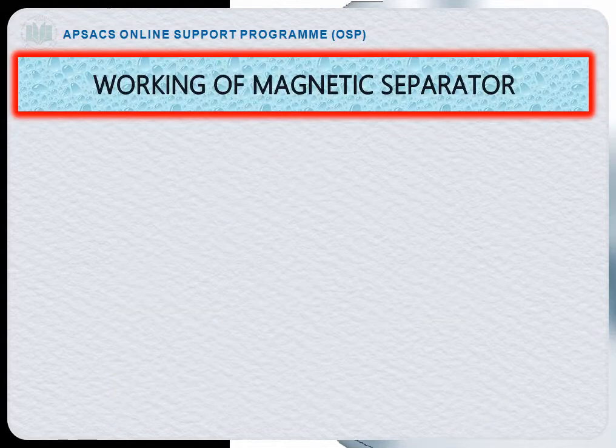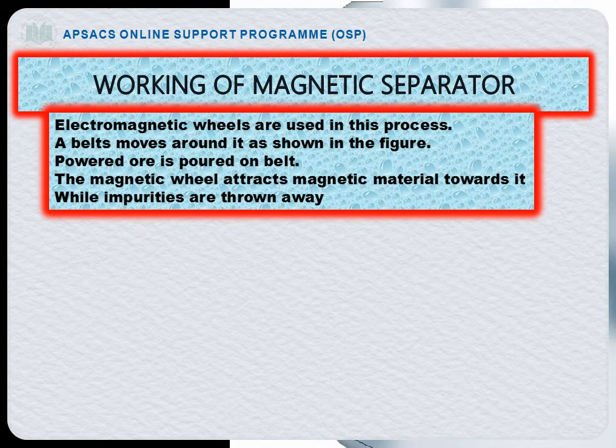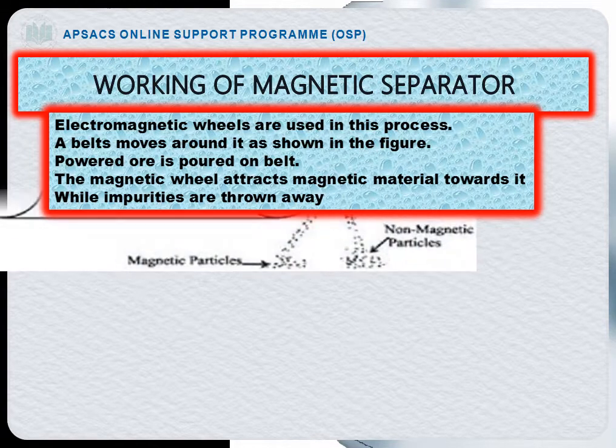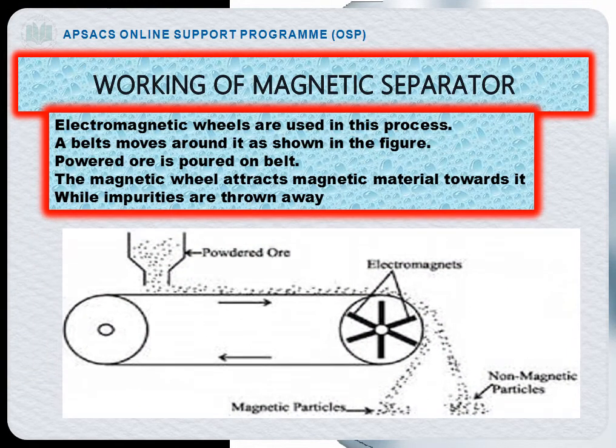How a magnetic separator works. So the working of a magnetic separator is that electromagnetic wheels are used in this process. A belt moves around it as shown in the figure. Powdered ore is poured on the belt.